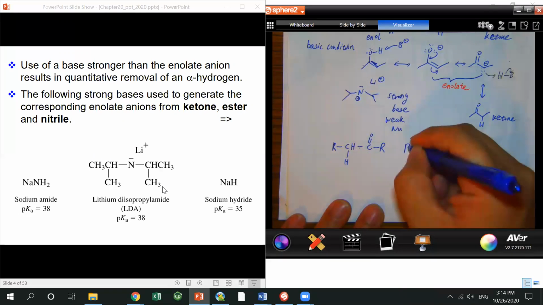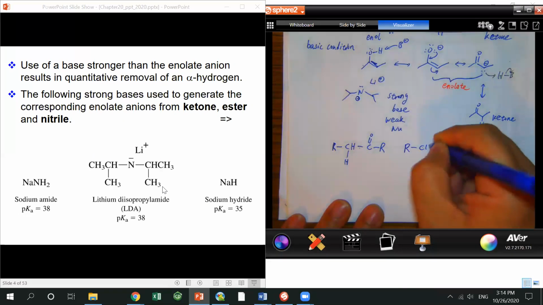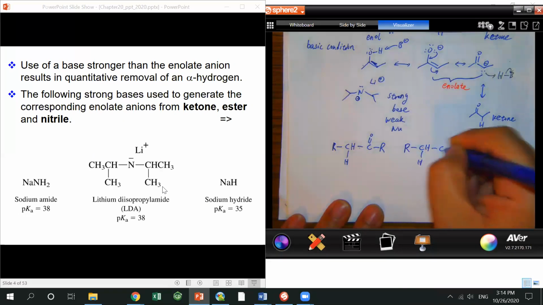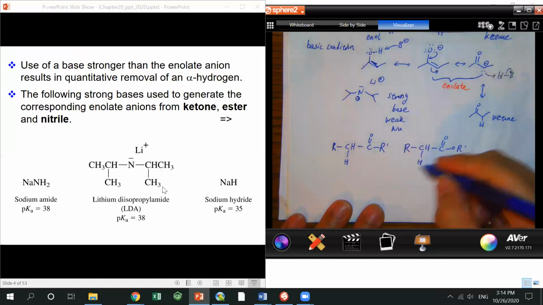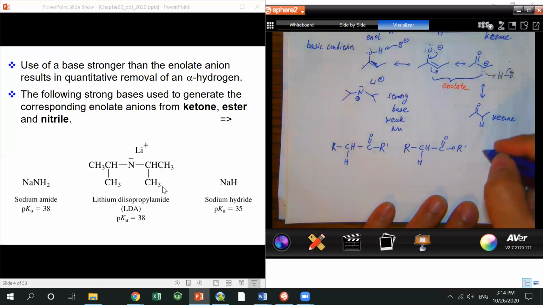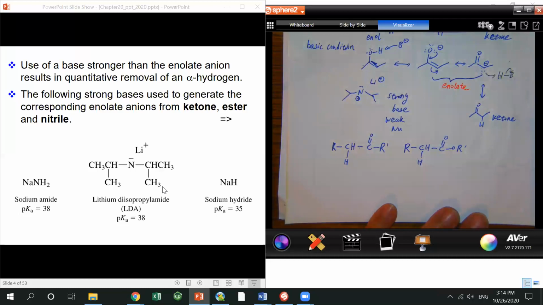Same thing for the ester, you deprotonate its alpha hydrogens. Nitrile is quite unique. There's no carbonyl, but the triple bond has similar properties to a carbonyl. So if you have an alpha hydrogen next to the nitrile group, you can also deprotonate it with this strong base.